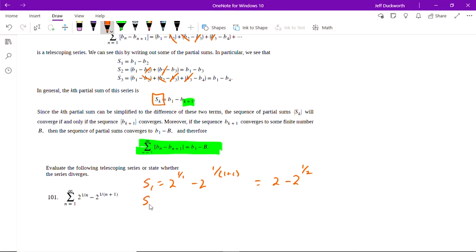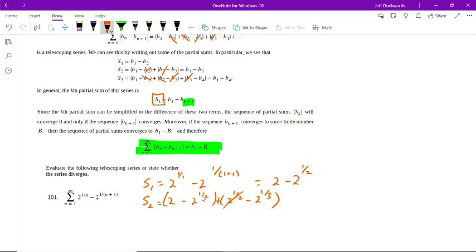Let's take a look at S2. Again, we have 2 to the 1, we're going to have a minus 2 to the 1/2, and then for the next one, that should be a plus, 2 to the 1/2 minus 2 to the 1/3.